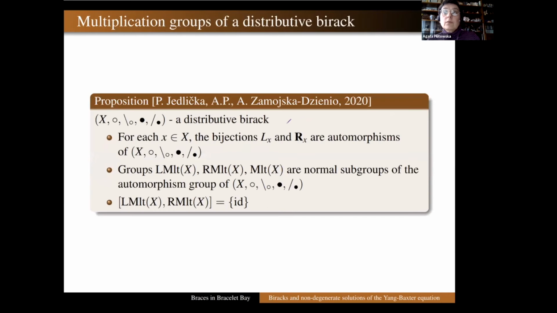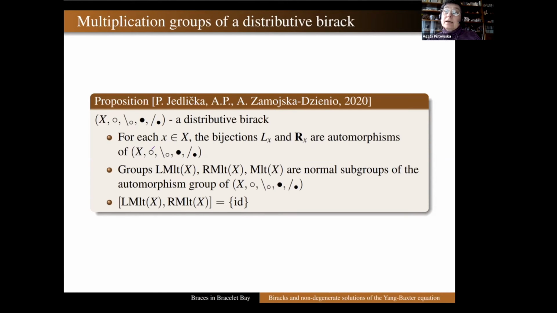If we start from a distributive Birack, the bijections which are left and right translations by any elements of the set X are automorphisms of the whole Birack, not only of a particular one-sided quasigroup, but of the whole Birack.